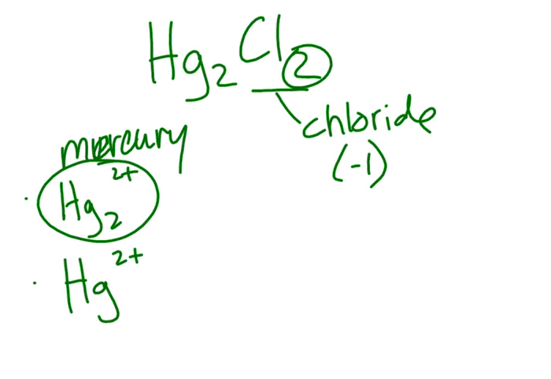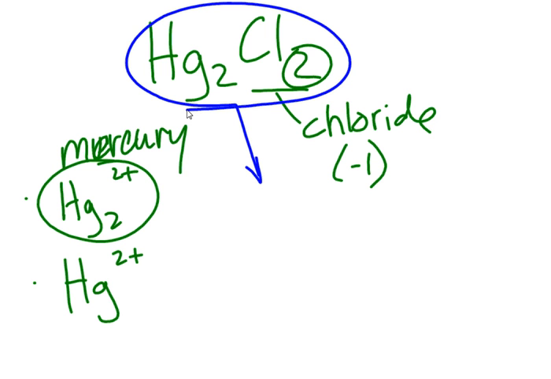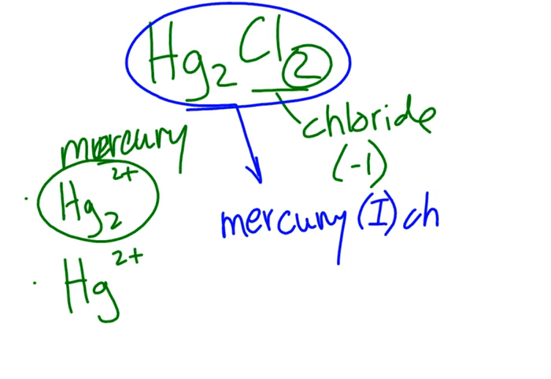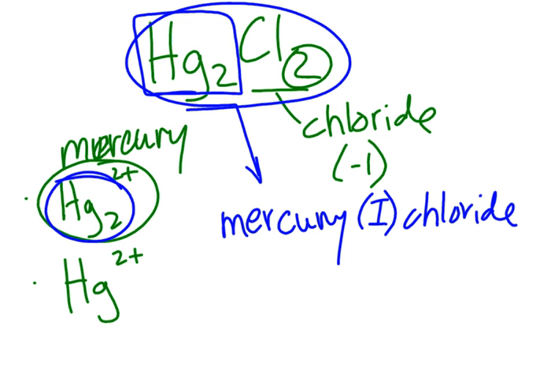Okay, hopefully we didn't get too tripped up on this. This one is pretty tricky, right? This right here is mercury 1, okay? Mercury 1 chloride. And the reason why it's mercury 1 is because if you look, Hg2 gives this away, right? That's mercury 2.